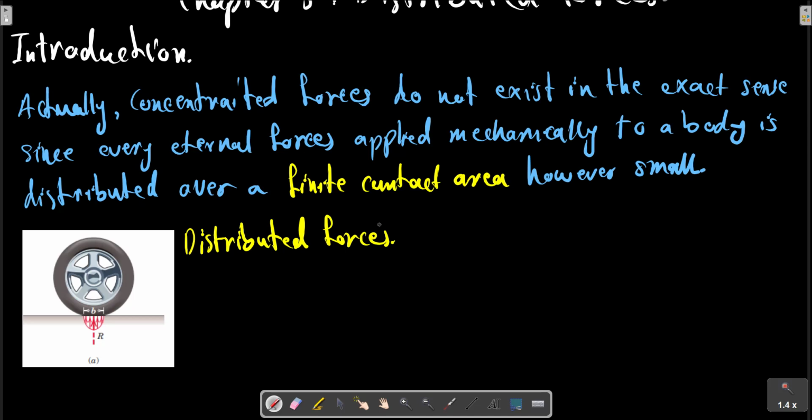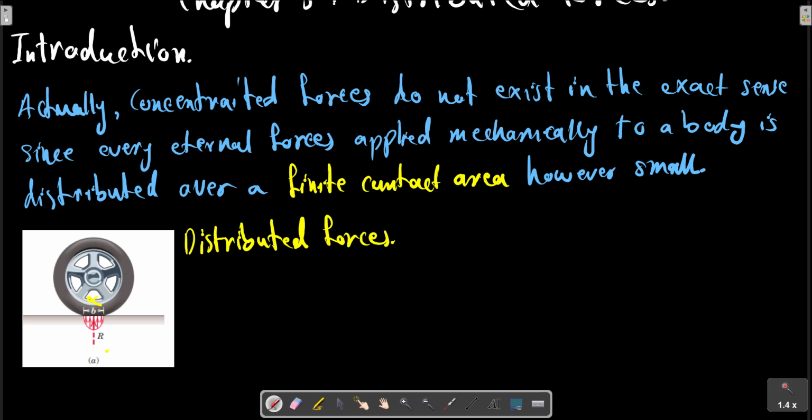When we analyze the forces acting on the car as a whole, if the dimension b of the contact area is negligible compared with the other pertinent dimensions, such as the distance between wheels, then we may replace the actually distributed contact force by the resultant R treated as a concentrated force.